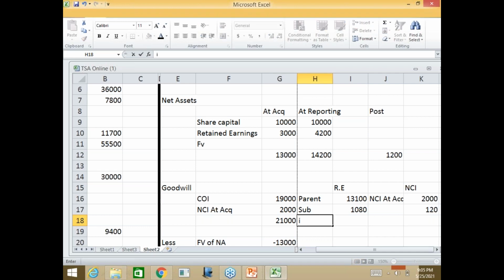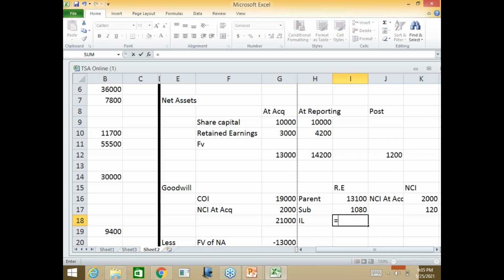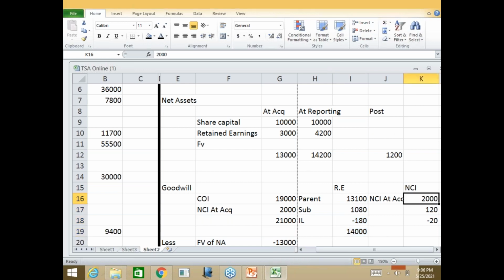Impairment loss should be apportioned between the group and NCI. 200 into 90% presented here, and 200 into 10% should be shown here. So this is how we have calculated the figures of retained earnings and NCI.